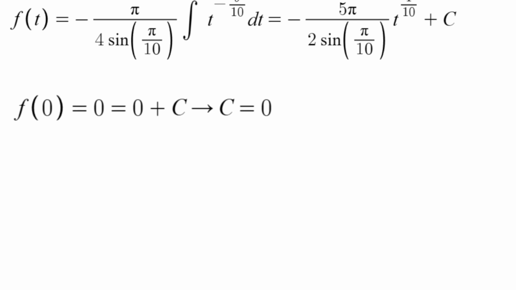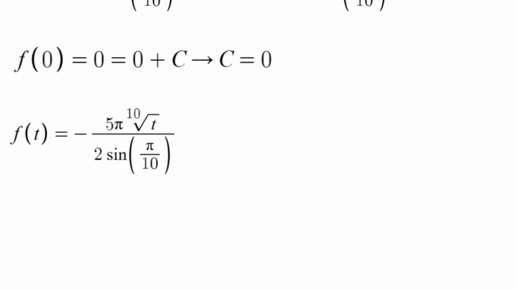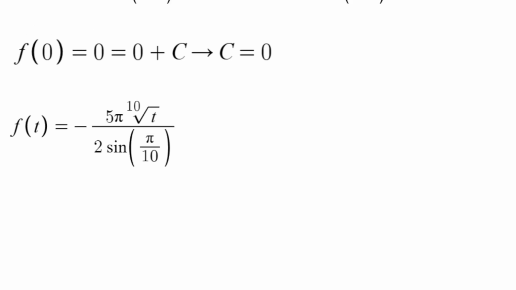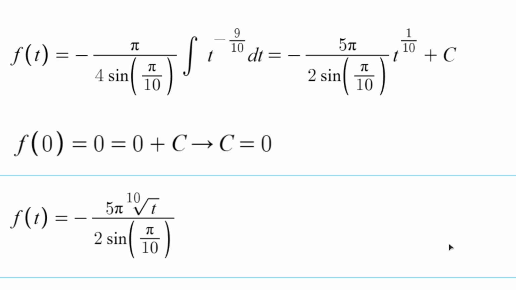All right, so now we have it. Now we have f of t. This is f of t explicitly in terms of t, not as an integral. And we know that our target integral is equal to, hold on one second. Yeah, that's the 10th root of t.